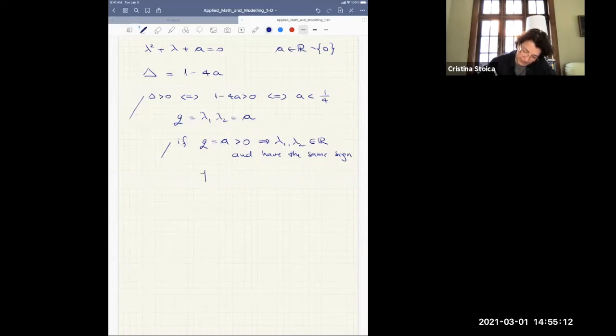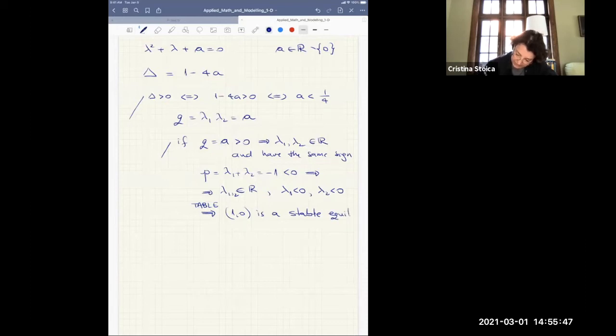In this case, P, which is lambda 1 plus lambda 2, is -1, negative. So lambda 1, 2 are real and have the same sign, and the sign has to be negative. And so looking at the table, we deduce that (1, 0) is a stable equilibrium. It's a stable node, or what I want to call a sink.